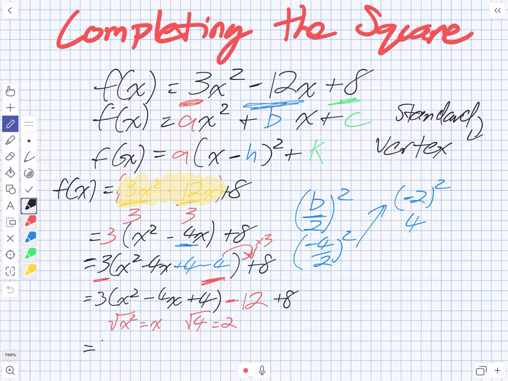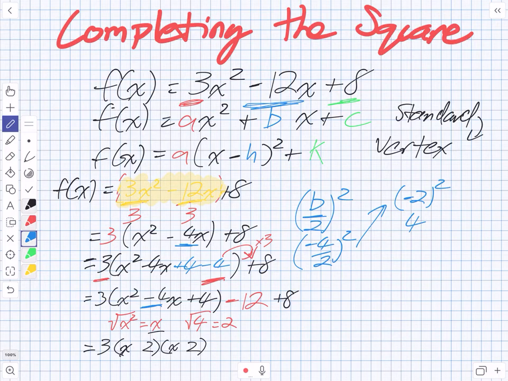We know the a value is still going to be 3. I can technically set up two sets of brackets, and the first term in both will be x, and the second term in both will be 2. I can't assume it's positive. How do I know what sign to take? Well, I take the sign of the middle term, the new b value.